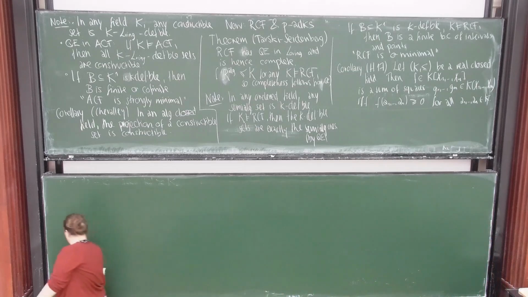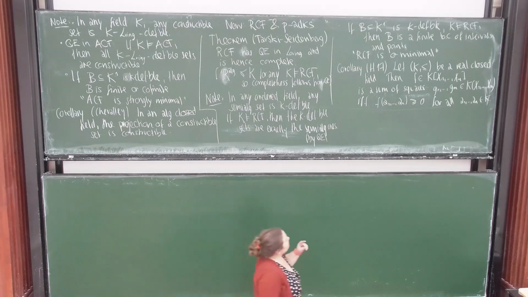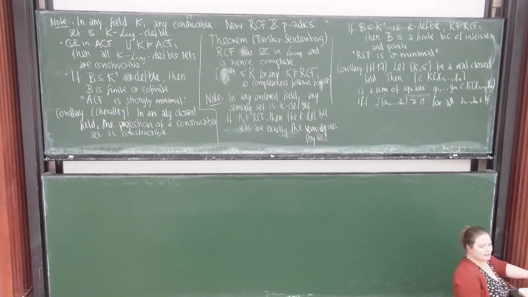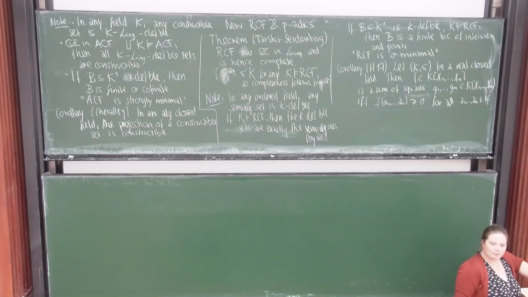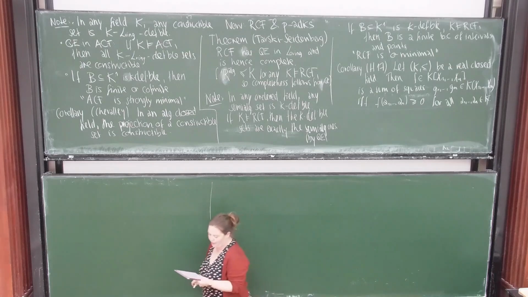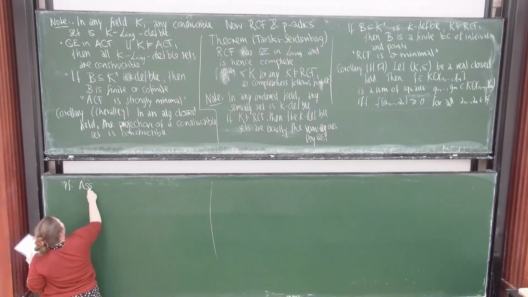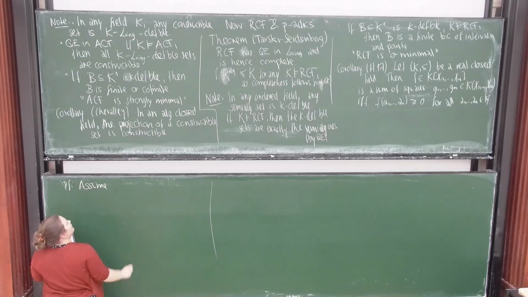Conversely, if you have a field of characteristic away from 2 and an element which is not a sum of squares, then there's an ordering which makes this element be negative. It's not hard to check, but I don't want to do it. So I try to convince you to believe me.